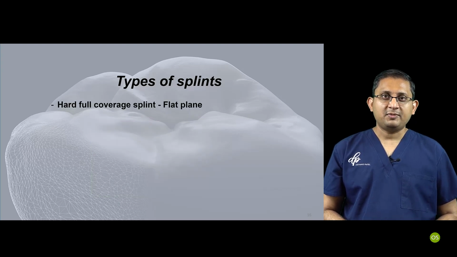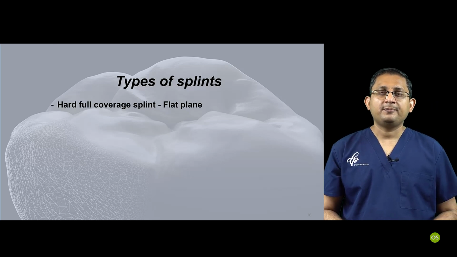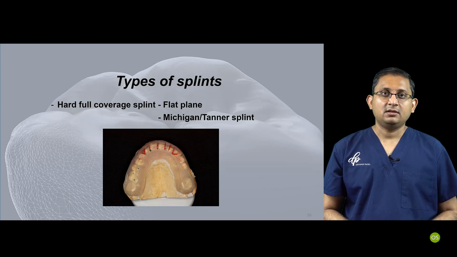Now, other types of splints are the full coverage hard splint, and these can be a flat splint, or it can be a Michigan or a Tanner splint.